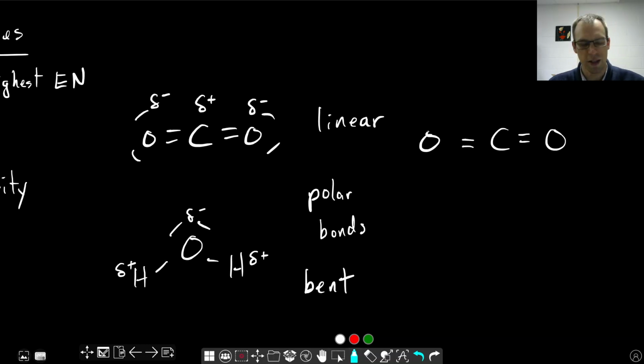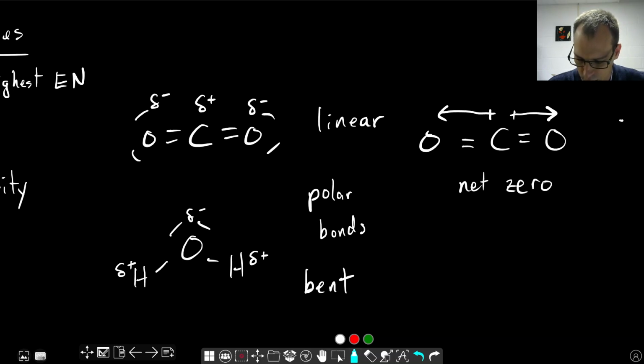Because carbon dioxide is in a straight line, we can draw our dipole moments. The positive side is going to be on the carbon, and the negative side is going to be on the oxygen, so we can draw them like this. Now, when we're thinking about these dipole moments, they're going to add together in 3-dimensional space. So if we think about these arrows adding together, we overall get a net 0 dipole.